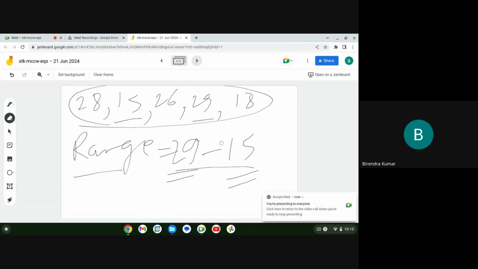All right. So this is my range. This is the first thing that we need to do. Next, we need to know what a variance is. Before we do that, do you guys know what the mean is for these five? How do you calculate the mean of any set of numbers?